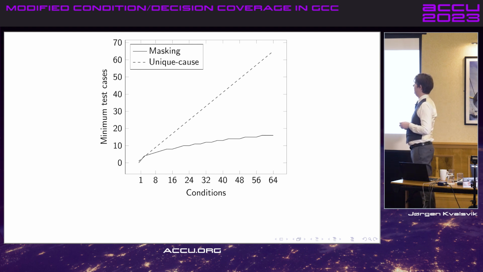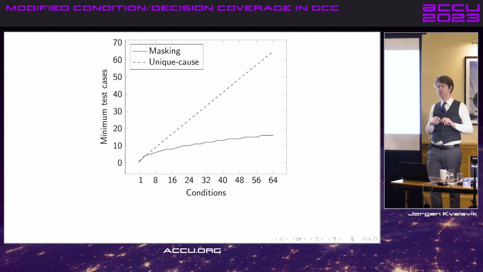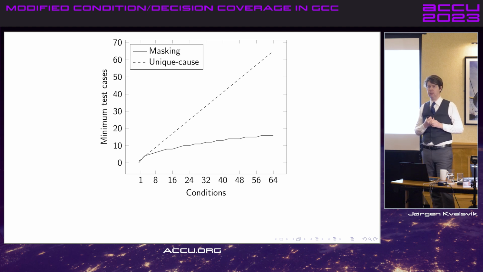I've plotted the difference as the number of conditions goes up. This isn't so common anymore, but it used to be the case, especially in aerospace engineering, that it wouldn't be uncommon to have at least a few dozen, maybe 32 condition expressions. And doing this for 32 is just miserable, right?